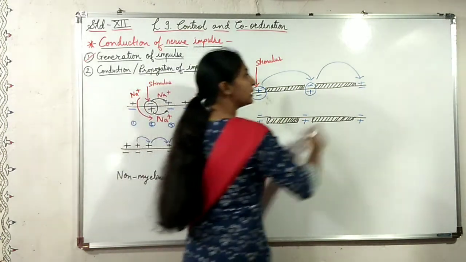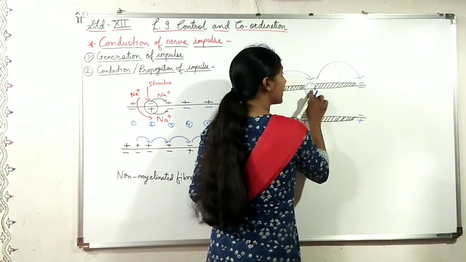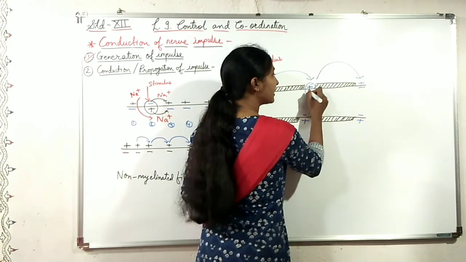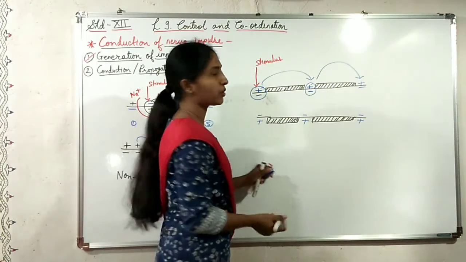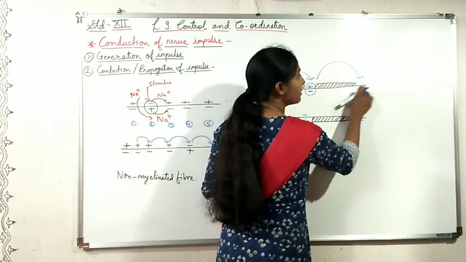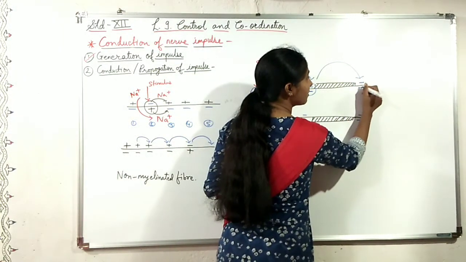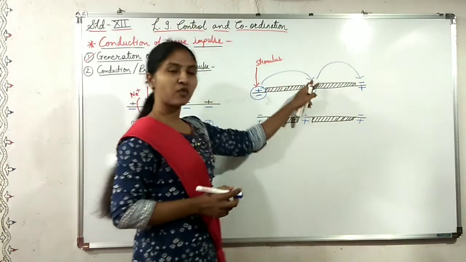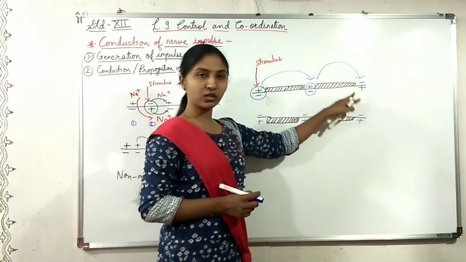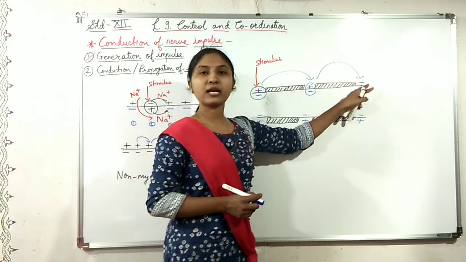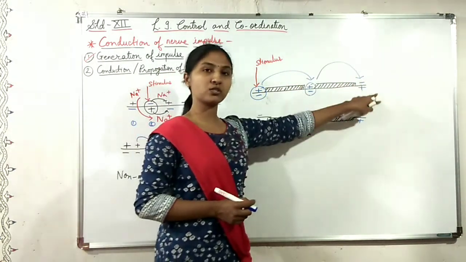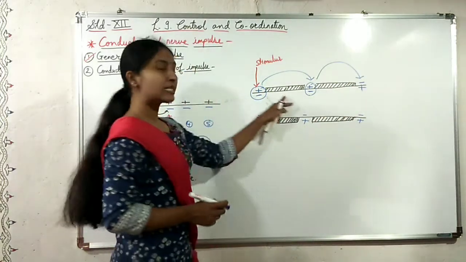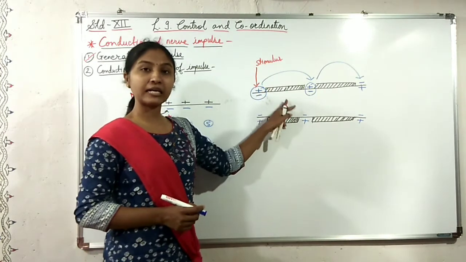Here the outer side will become electronegative and the inner side electropositive. As the impulse jumps from one node of Ranvier to the other, the depolarization changes. So this happens in the case of myelinated sheath.